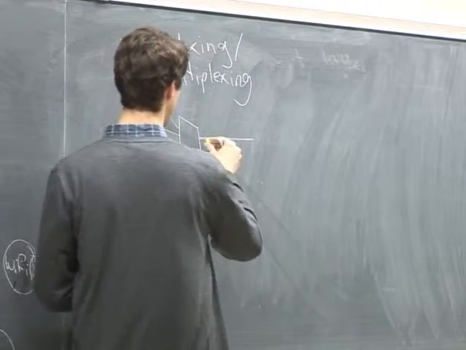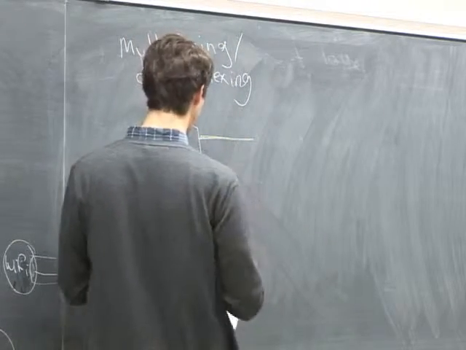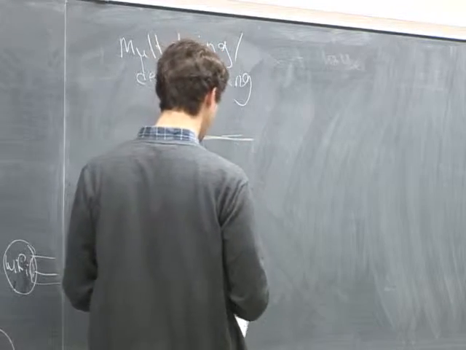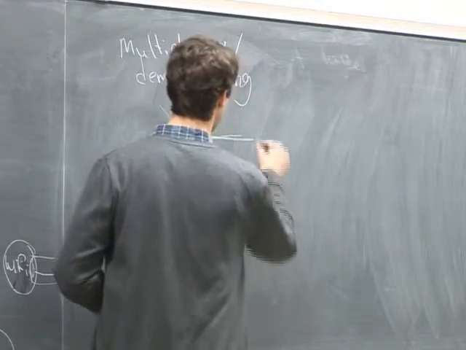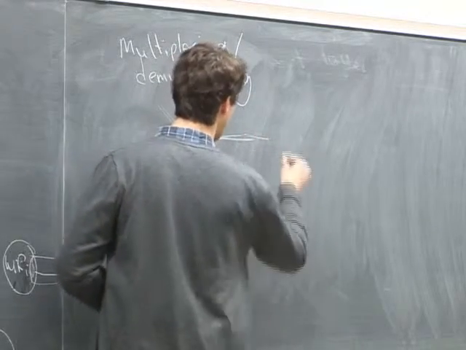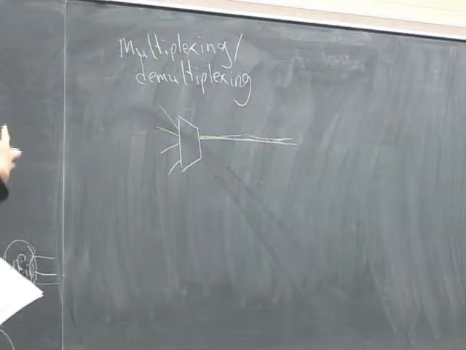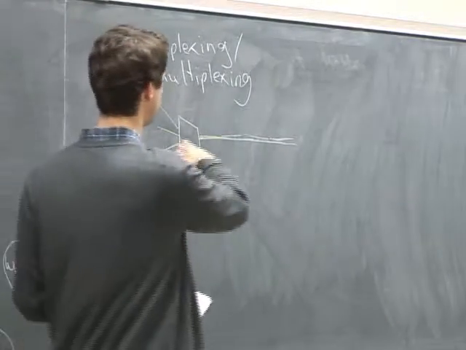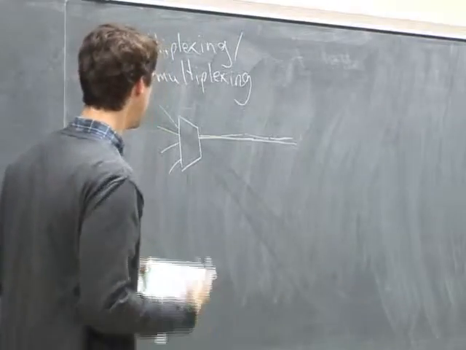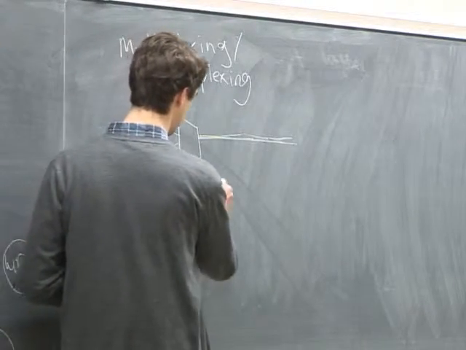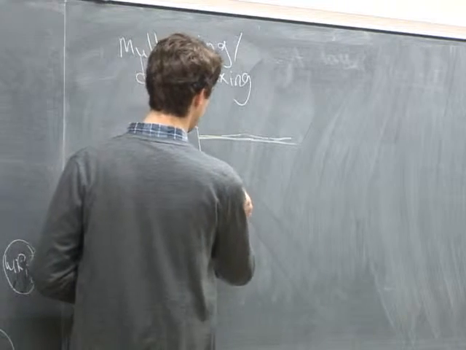Now there are many different ways you can do this. You could vary them in time, like I'm doing here. Or in optical networks, for instance, you can use different wavelengths to multiplex them across a single channel. But the basic idea is that multiplexing goes this way.